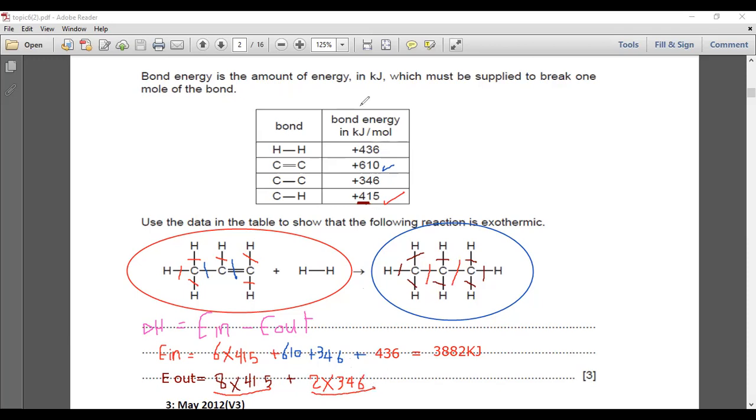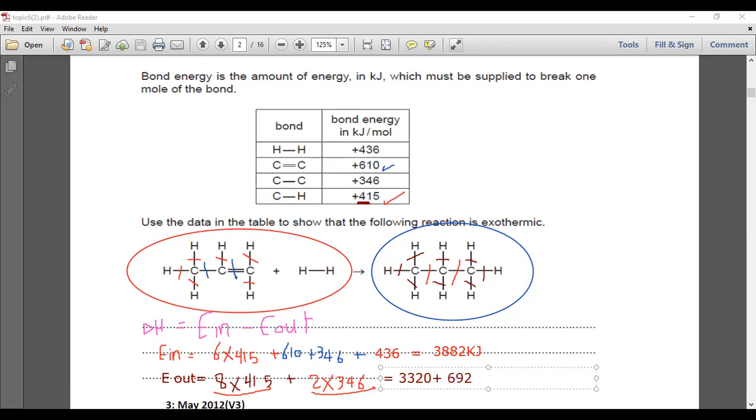So what does it mean? In my calculator, I will do it carefully. The first part: 8 multiply 415 equal, the total will be 3320. Plus 2 multiply 346 equal 692.